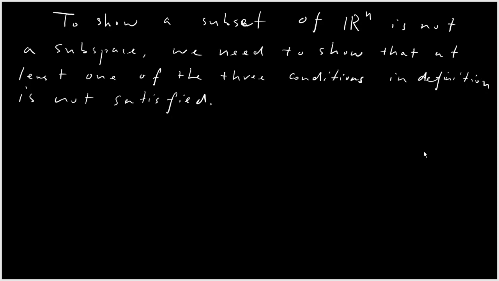And then, there are three particular cases. The first particular case is how to show S is not closed under vector addition.